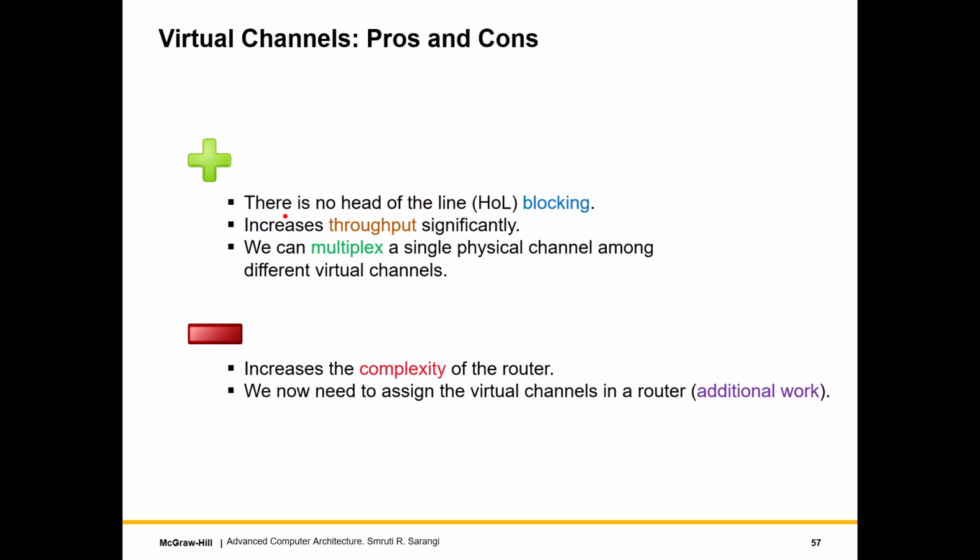So what are the pros and cons of virtual channels? Along with solving the blocking issue, this increases throughput significantly, mainly because we can multiplex a single physical channel among different virtual channels.